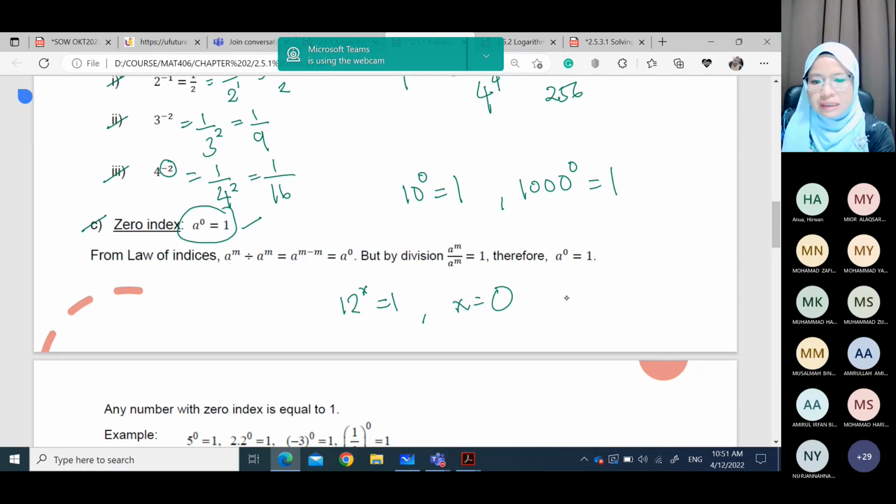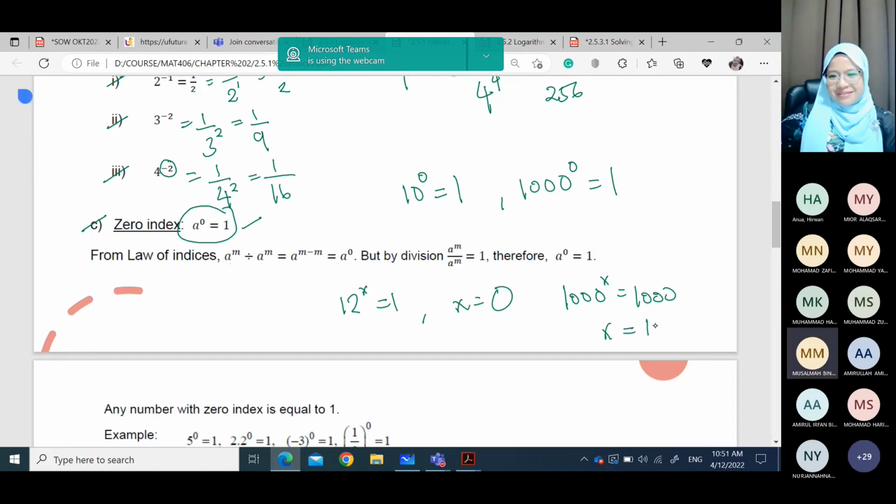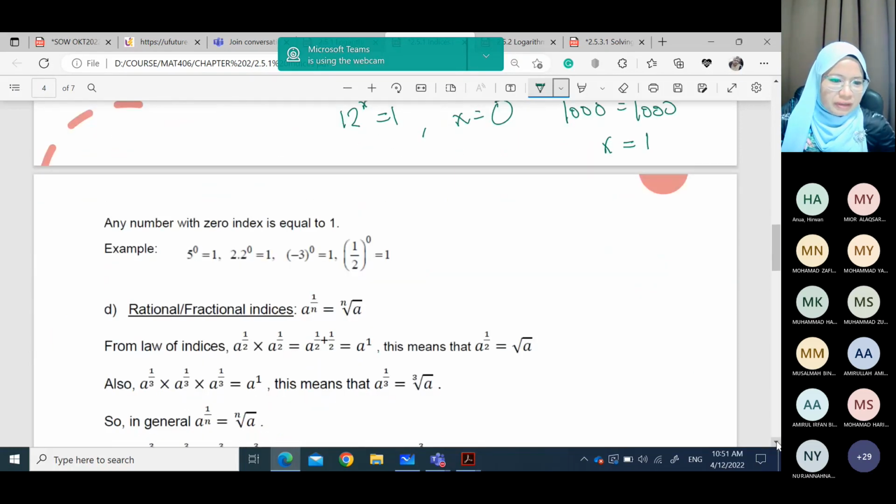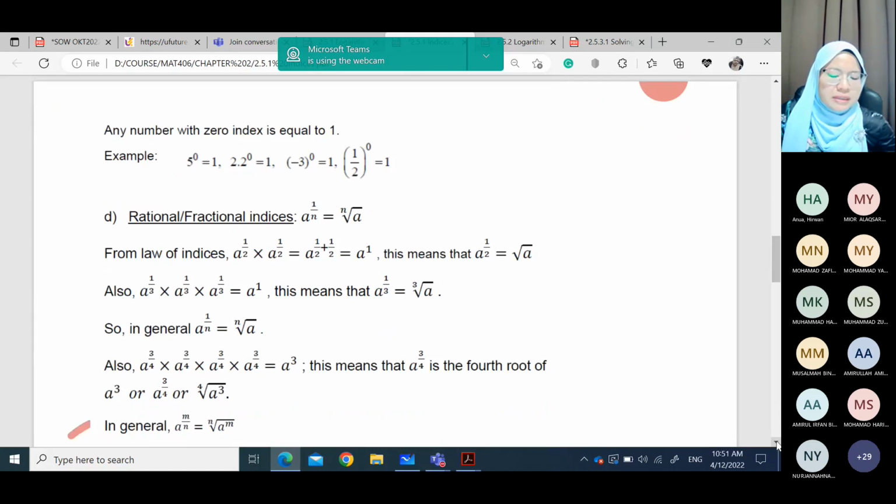So lagi satu, katakan kita ada 1000 to the power of x equals to 1000. Ni senang lah. 1000 to the power of x, it is equal to 1000. So x is 1. Yes, good. Okay. Alright. So tak ada. Ni ada soalan tak? Zero index ni? Tak ada. Okay, tak ada, kita boleh tengok, okay, ni example dia.